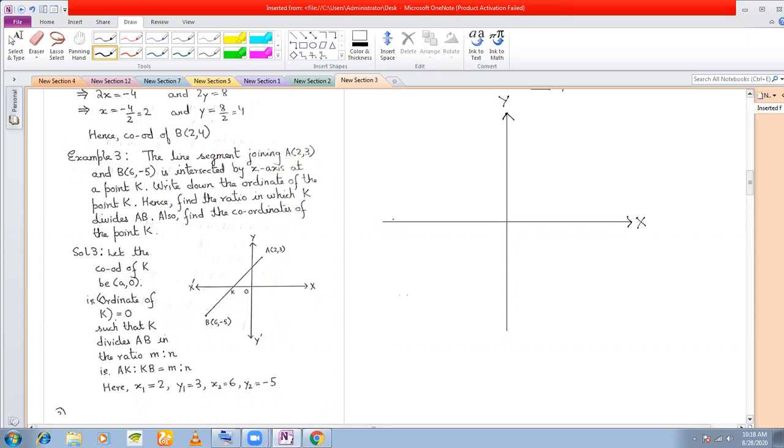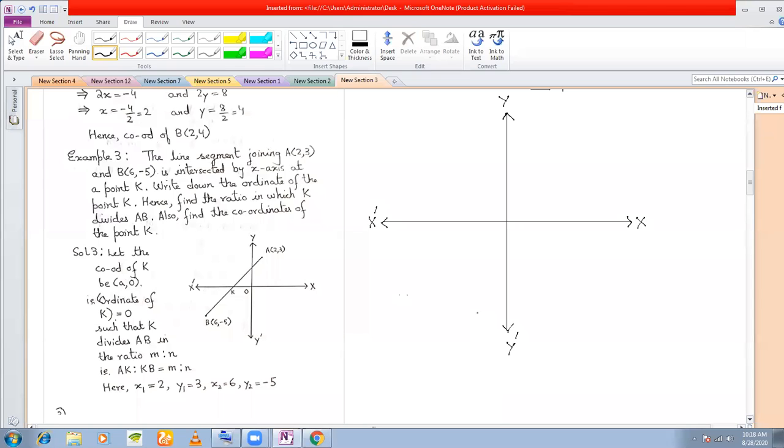You have to draw the figure. Even if the figure is not given, just learn how to draw the figure.